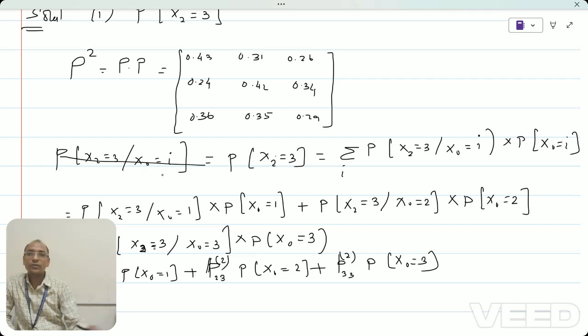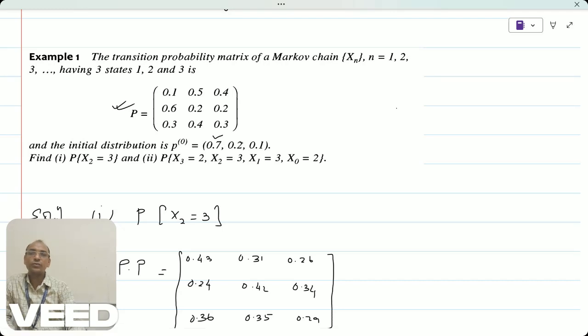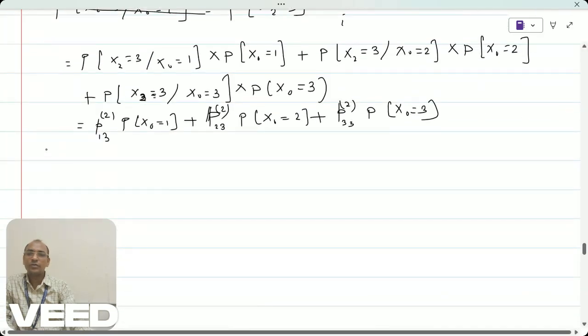Now X0 equal to 1 means we will see the first element in P0, X0 equal to 2 means we will see the second element in P0, and X0 equal to 3 means we will see the third element in P0.